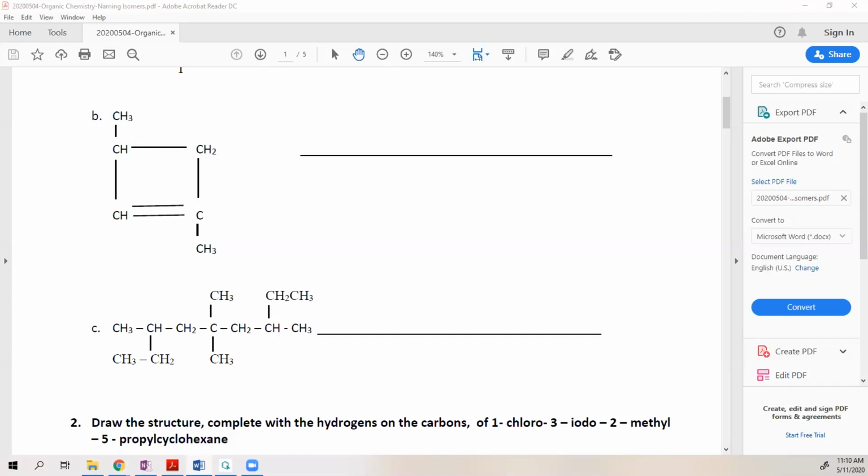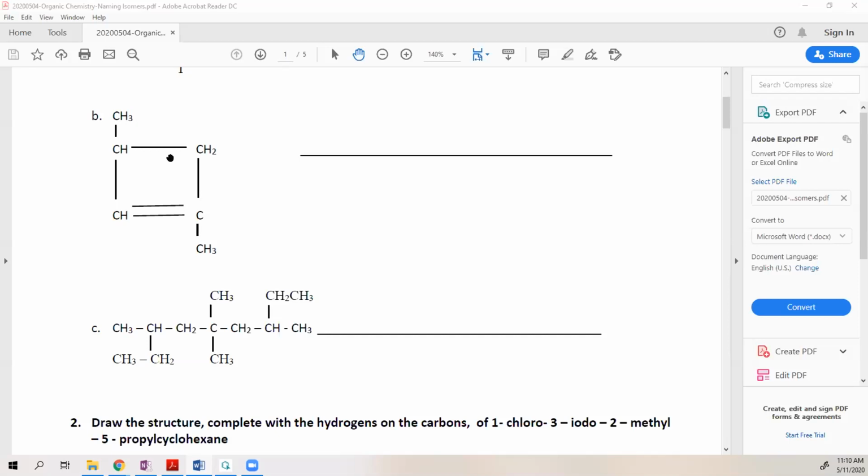An ene, right? So between those 2, one of them gets the lowest value. Do you guys remember which one we should start with for getting our lowest value? Is it going to be the methyls or is it going to be the ene? So between those 2, our double bond is going to get the lowest value.